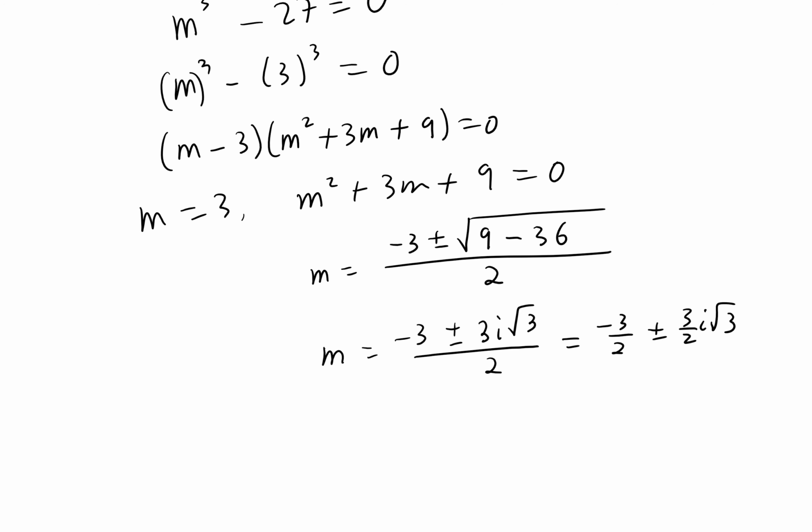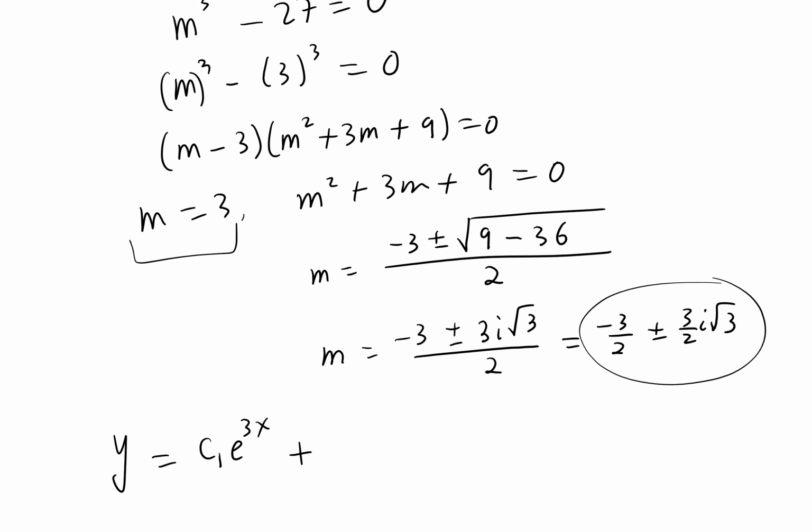Then the general solution would be c1 e^(3x) for the first one, plus here we have the complex conjugate, e^(alpha x).